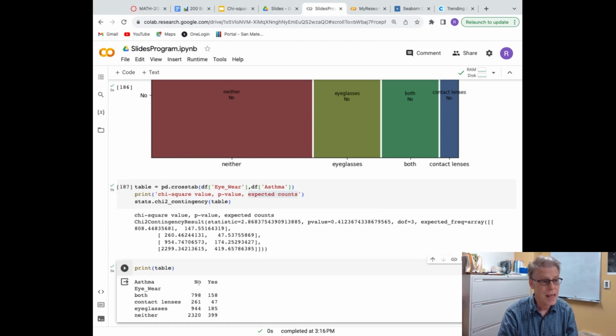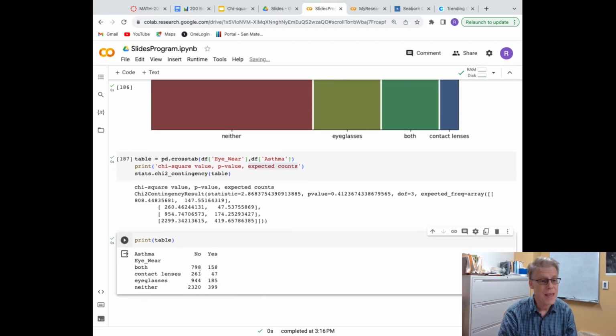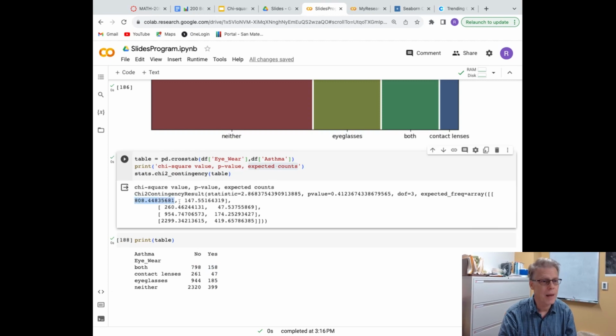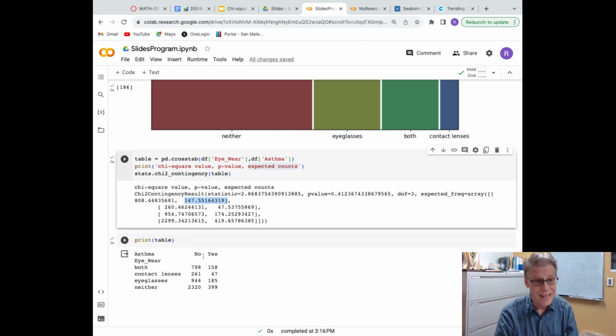And so printing this table shows what the observed counts are, and they're different, right? Here's what actually happened. Well, and how many yeses in the both category. For the percentage to all come out equal, you'd have to have 808 point blah, blah, blah, and 147 point blah, blah, blah in those slots, right? So they're different, but apparently not different enough.